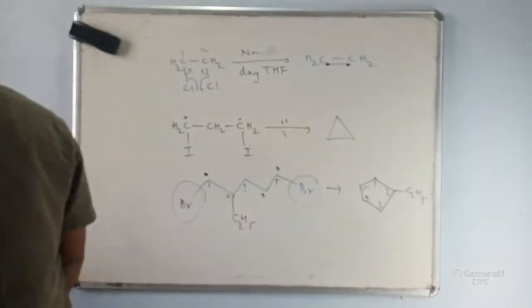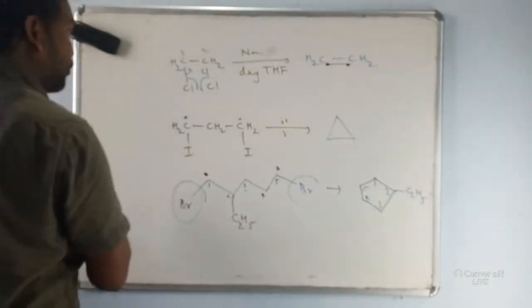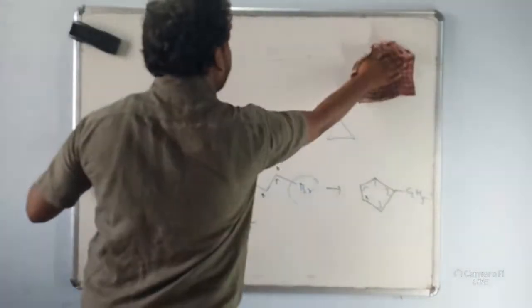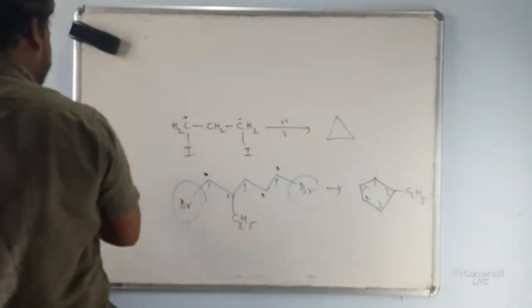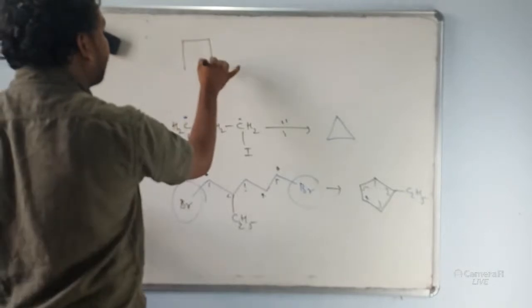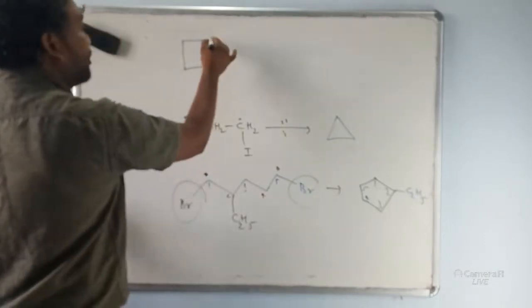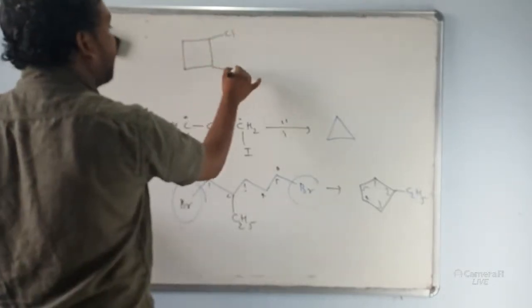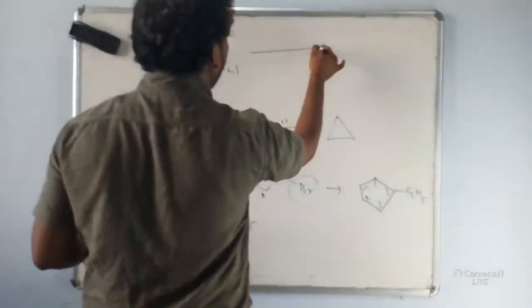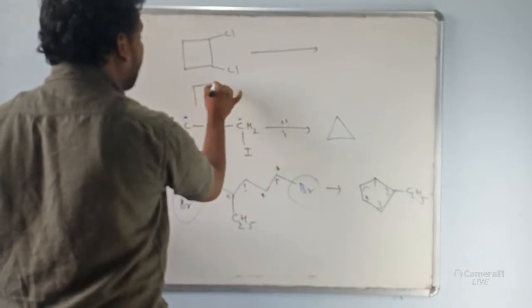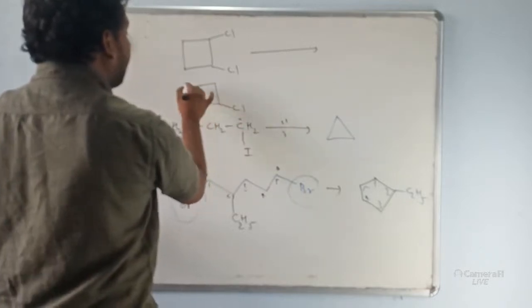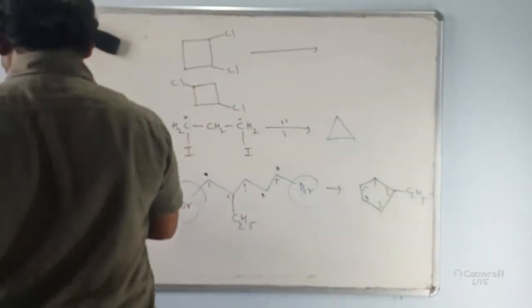Next, let me give you one more example. Hope you can write all this. So this is 1,2-dichlorocyclobutane and this is 1,3-dichlorocyclobutane.